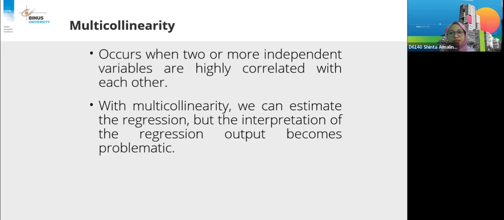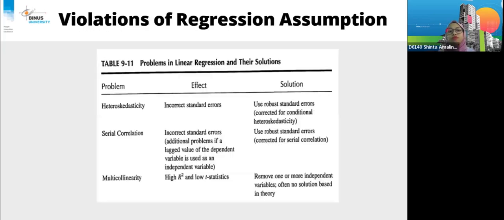So when you want to test multicollinearity, you should exclude the dependent variable and just include the independent variables in the test. If one or two variables are highly correlated, to solve the issue you need to remove one of the independent variables.